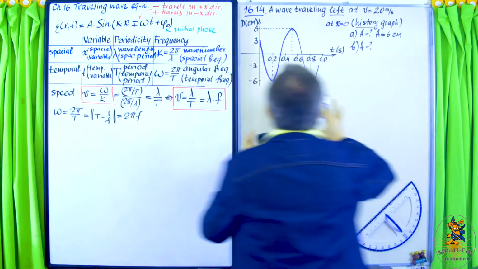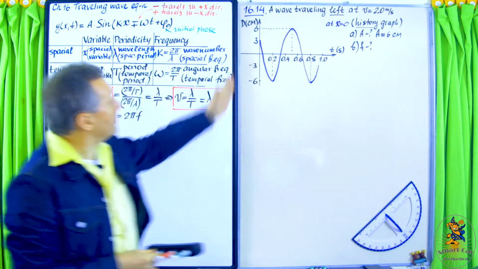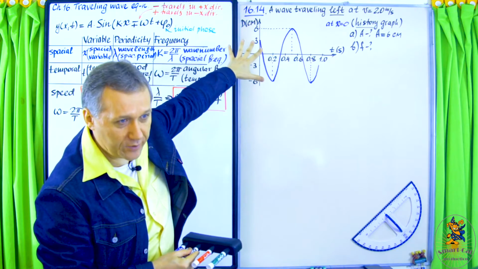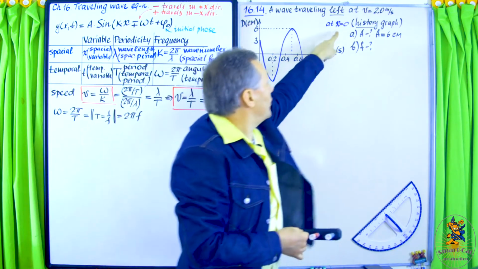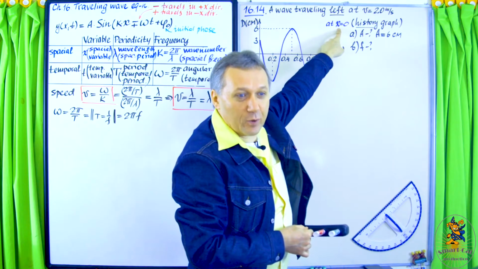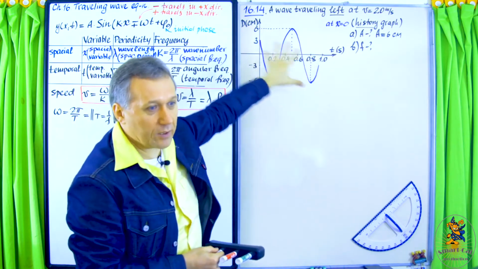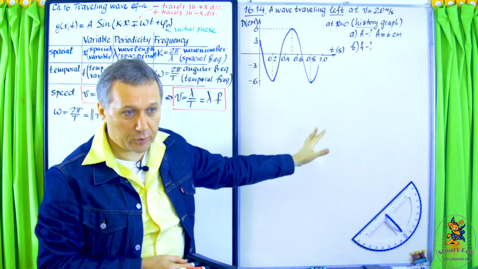So it means that we should be able to get that information from this graph, because in this graph we have plenty of temporal information. But of course, spatial information is completely missing because x is frozen. X equals 0. So spatial information is missing, but temporal, plenty. So we shouldn't have any troubles finding temporal quantities.